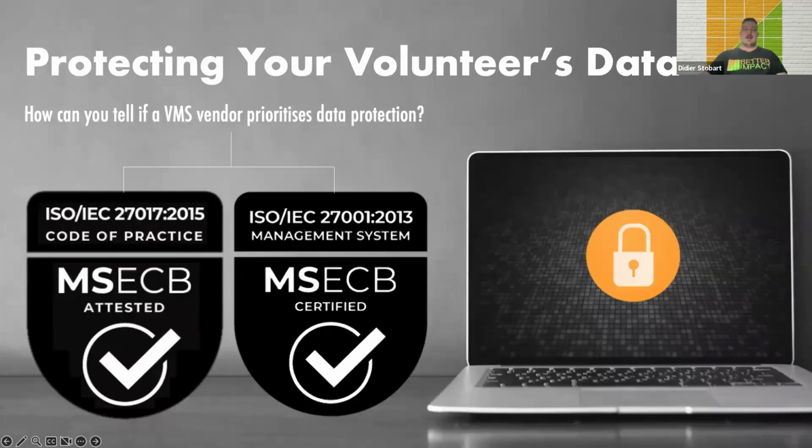So firstly, on the data security. One easy way to understand if an organization has the right security and privacy in place is the ISO certification. ISO 27001 is the world's best known standard for information security management systems. ISO certification basically means that the VMS vendor respects all the best practices enshrined in the international standard.